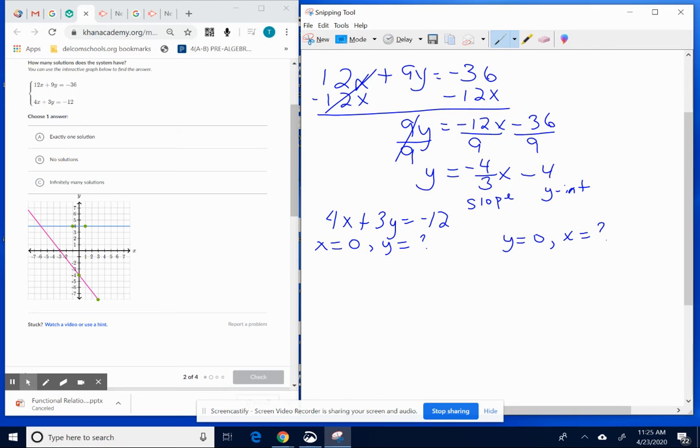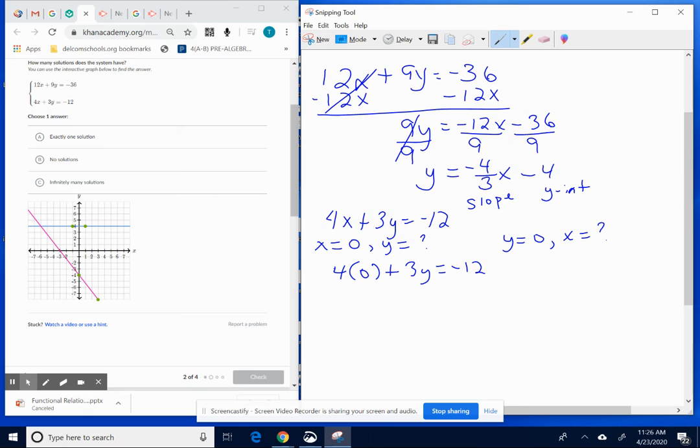That's going to give me 2 points. So when I put 0 in for x, I rewrite the equation, except for putting 0 in for the x. I get 4 times 0 plus 3 times y equals -12.